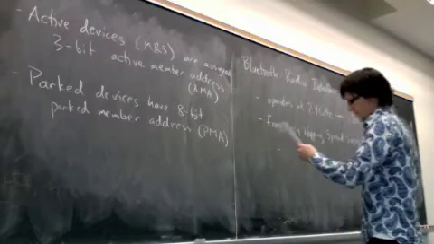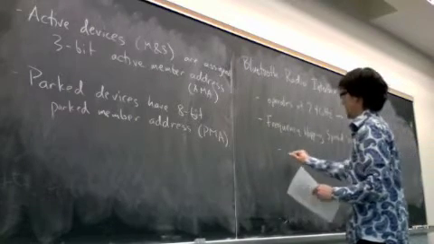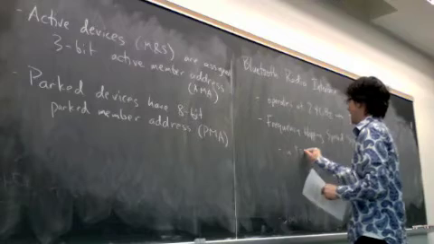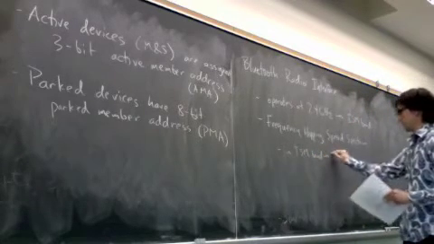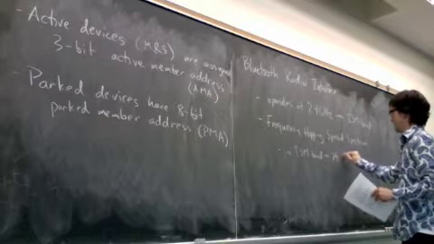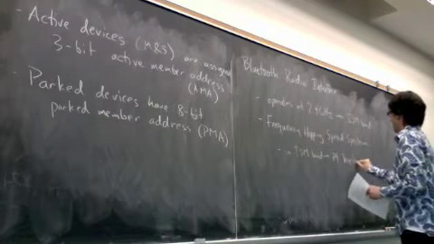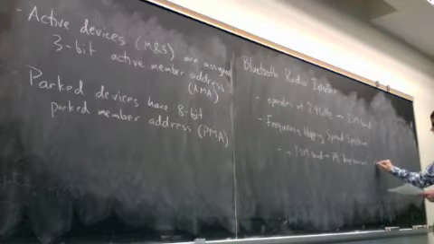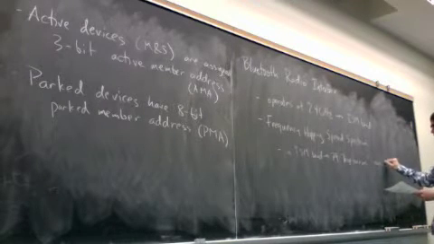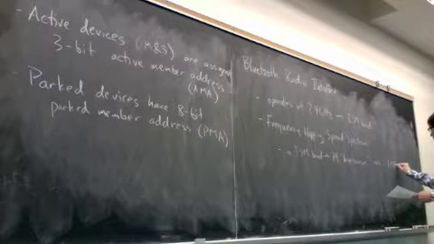So in the ISM band, we divide that into 79 what are called hop carriers, each with 1 megahertz of bandwidth.